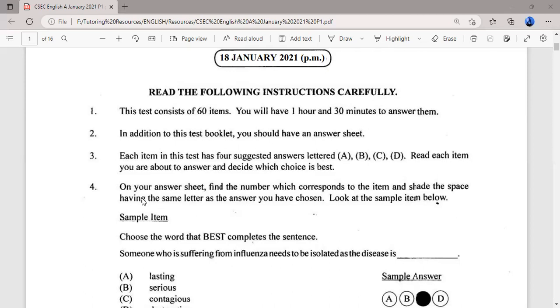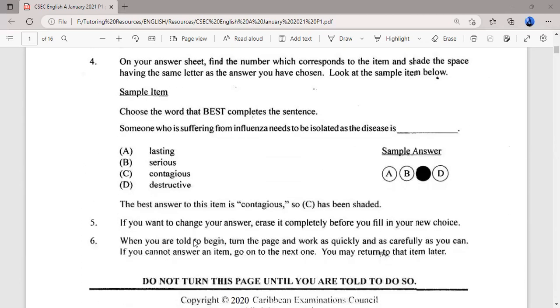Each item in this test has 4 suggested answers lettered A, B, C, D. Read each item you're about to answer and decide which choice is best. On your answer sheet, find the number which corresponds to the item and shade the space having the same letter as the answer you have chosen. Look at the sample item below. And here we have a sample.